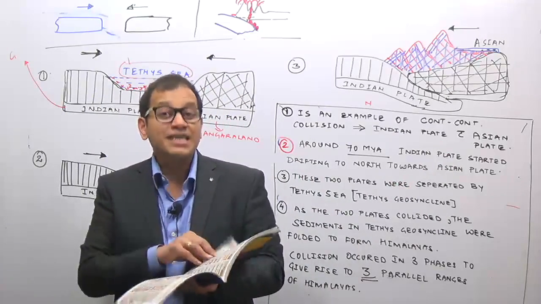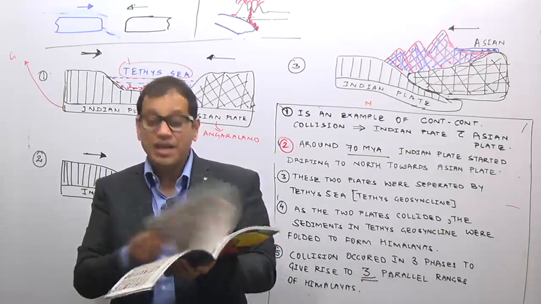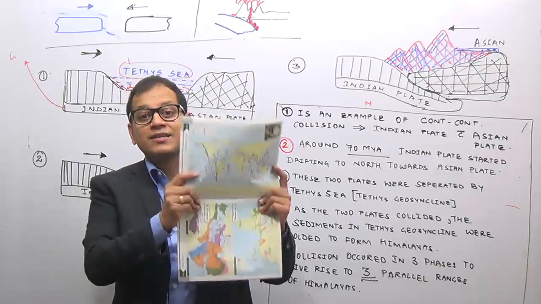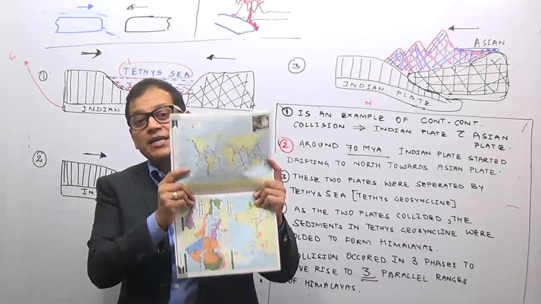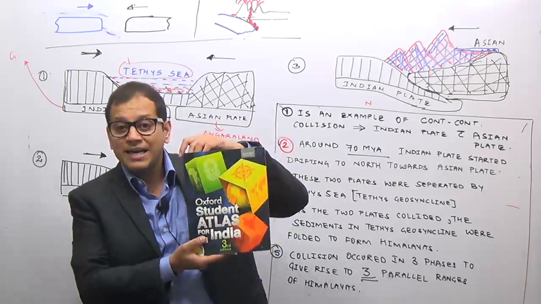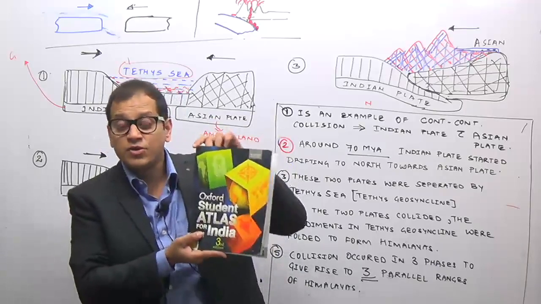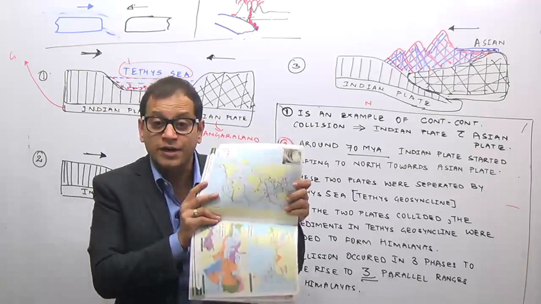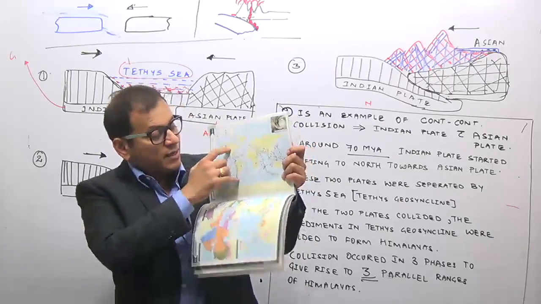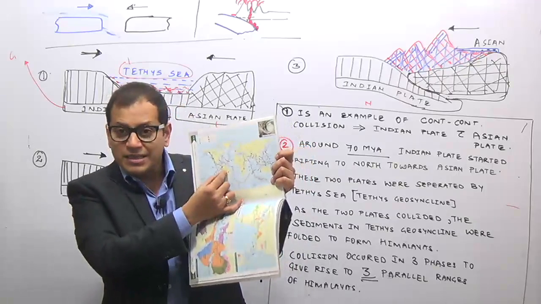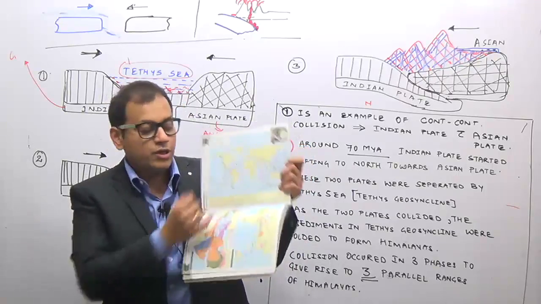That is why I am saying carry your atlas. We will revise your entire geography. Open your plate tectonics page in the atlas. If you are carrying the Orient Longman Atlas or the Oxford Student Atlas, it's on page number 114. See the Rockies Mountain of North America, Andes Mountain. It is an example of a continent and ocean collision.